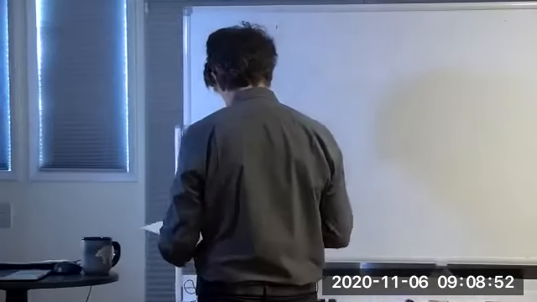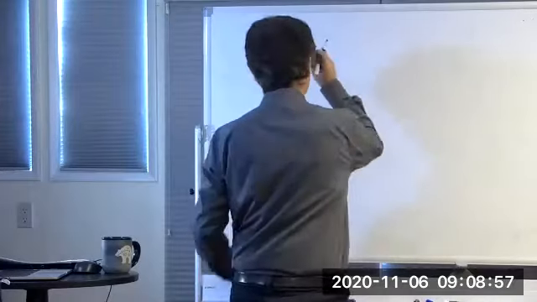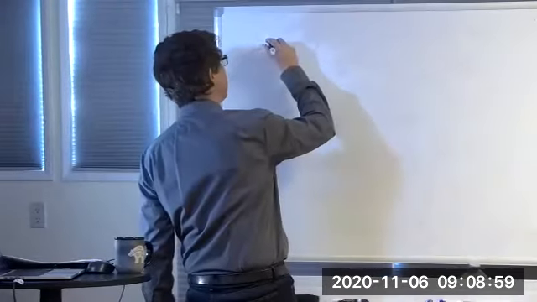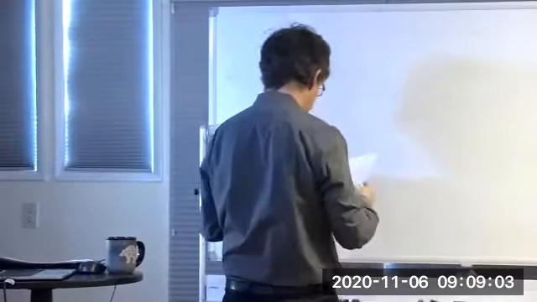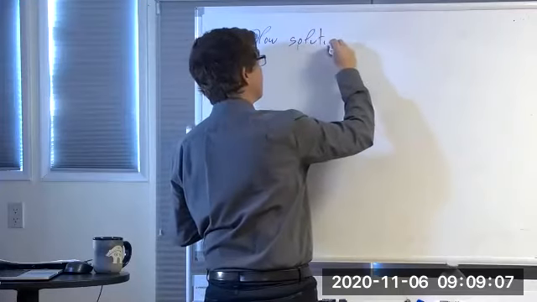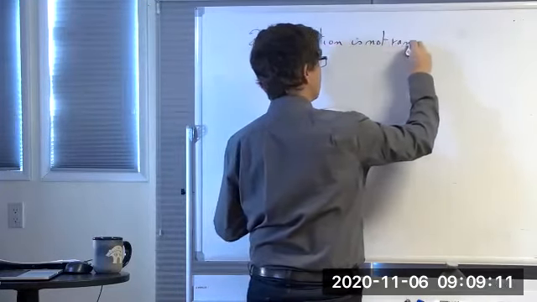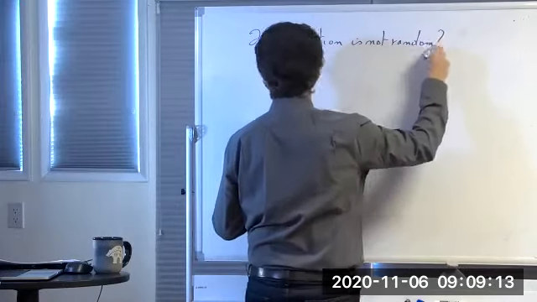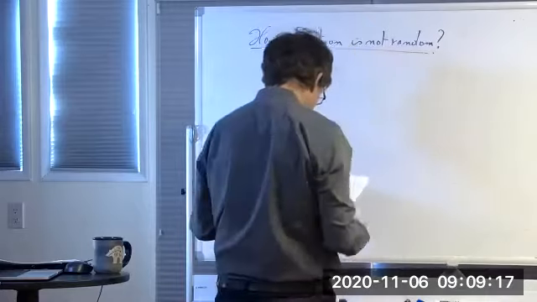Okay, so how can a solution not be random? Right? How not to be random? I feel like this could be a self-help book. I feel like this is not grammatically correct, but hey.